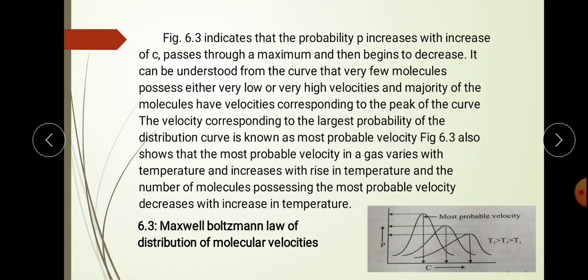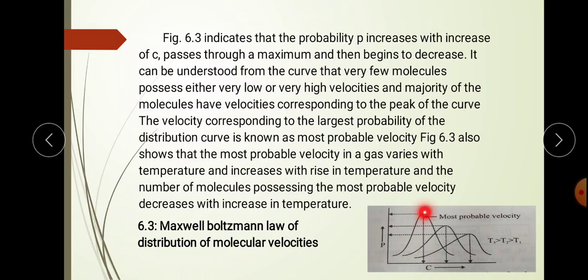The velocity corresponding to the largest probability of the distribution curve is known as the most probable velocity. This is the maximum probability, this is the lowest velocity and this is the highest velocity in this curve.